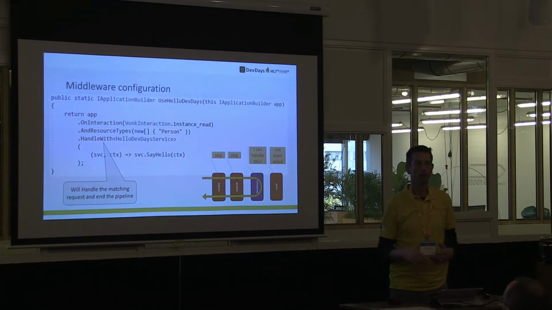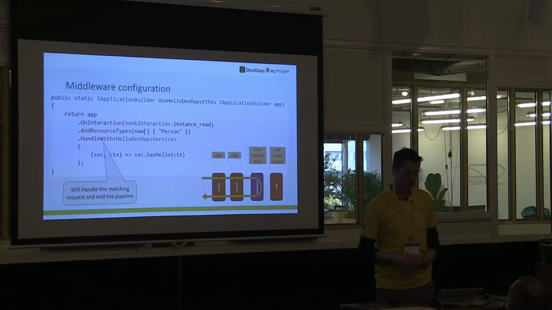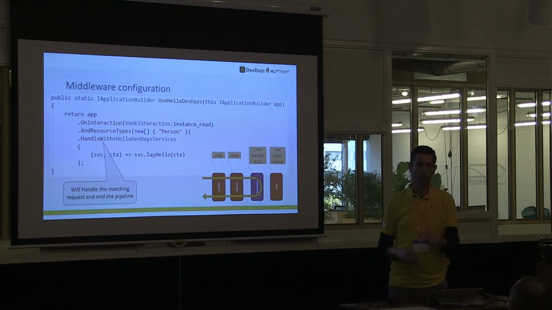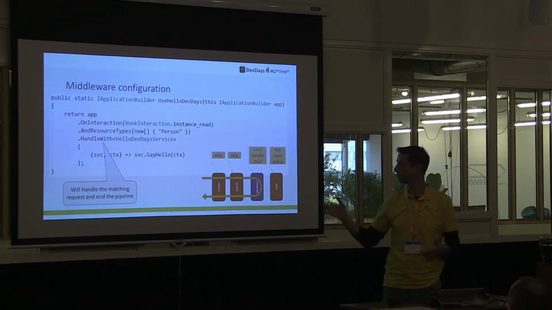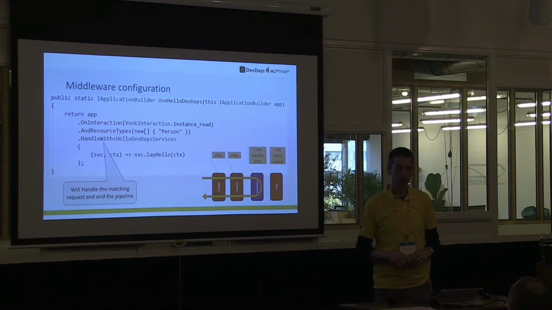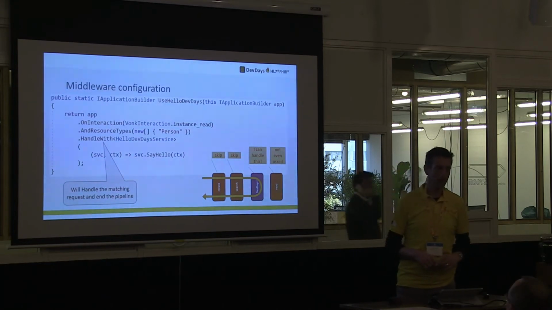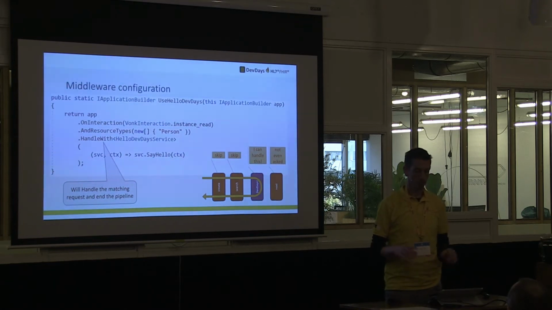Can you repeat the question for the recording? Oh yeah, sorry. The question was whether you could decide in the service whether you want to act. You can act on Vonk instance in Vonk interaction all, and you will get all the requests. And the other question was, can you also check it on the ID that was provided? That cannot be done in this fluent interface. You would narrow it down to the read on person, and then in the service check the ID whether it's of interest to you.